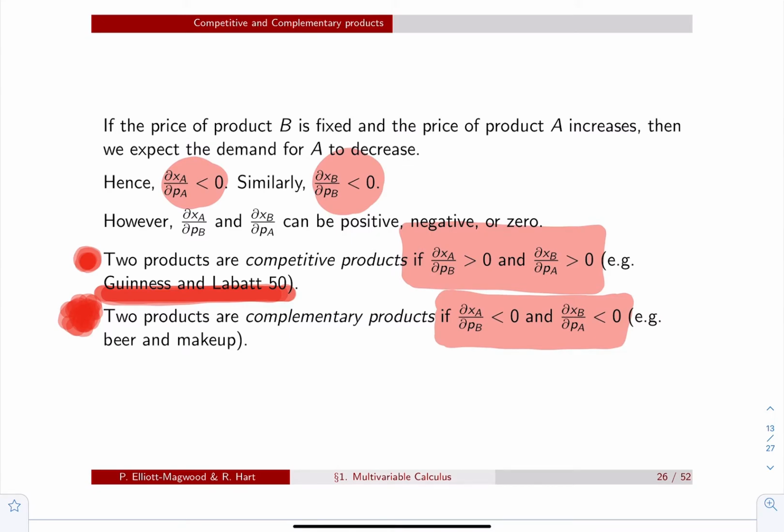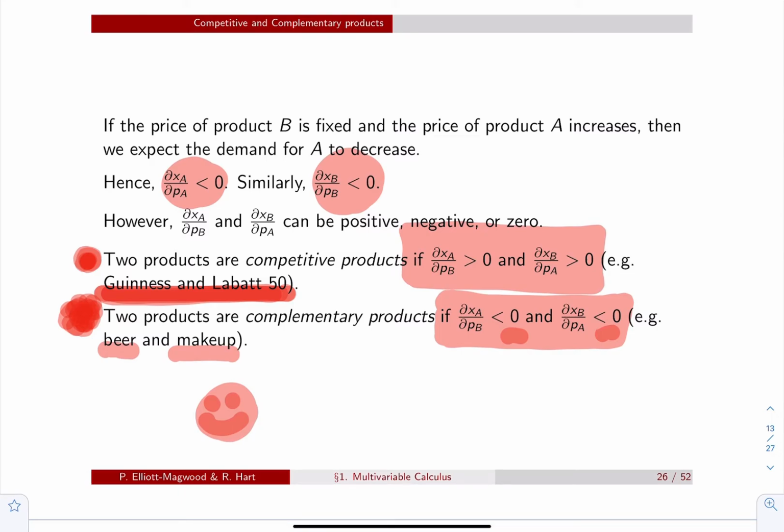So when you have that relationship where both partial derivatives are negative, you're going to say that the two products are complementary. It's like me, for example. What do I enjoy? I need my beer and I need my makeup, to have a nice evening. Well, if the price of beer goes up, I'll just have less money to buy makeup.